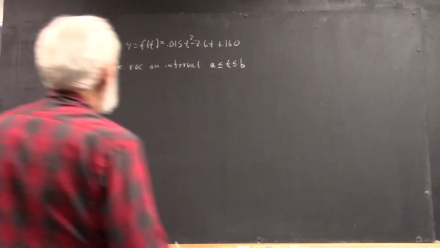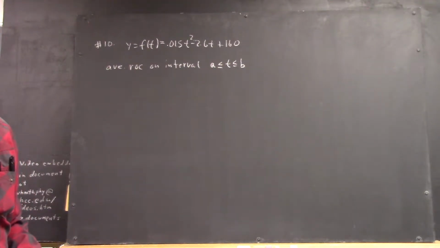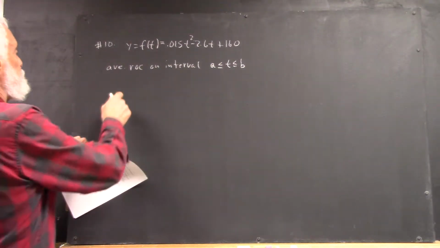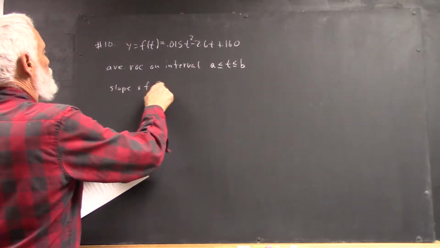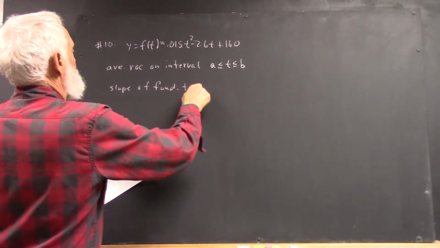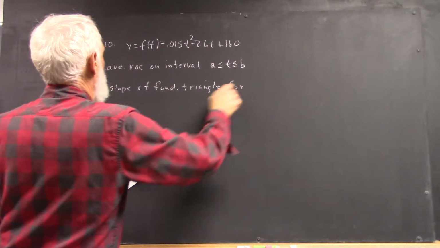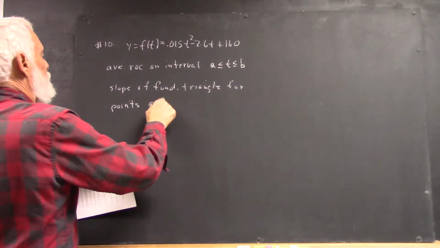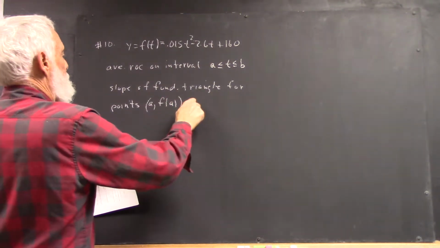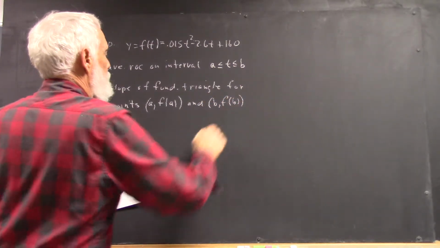What we want to think of about the average rate of change is we're going to define it in terms of the slope of its fundamental triangle, right? So this would be the slope of the fundamental triangle for the points A, f of a, and b, f of b.